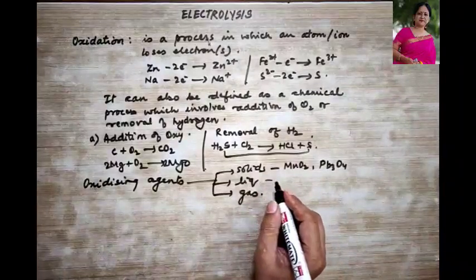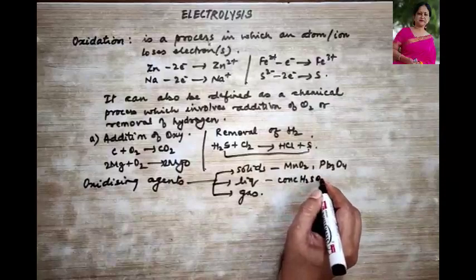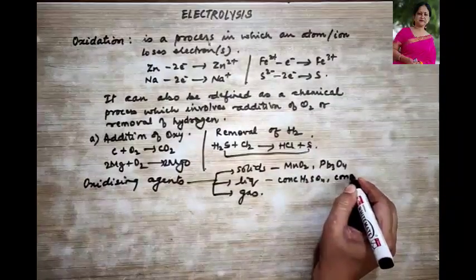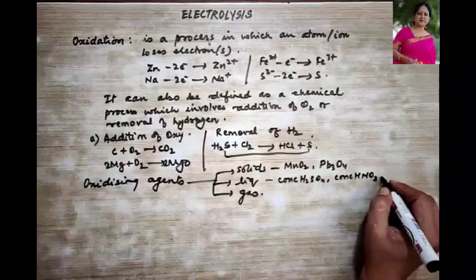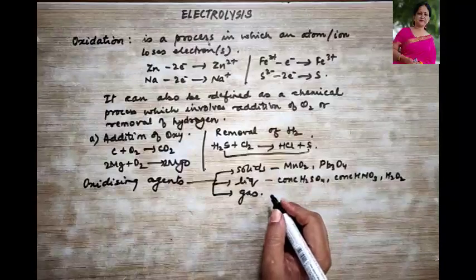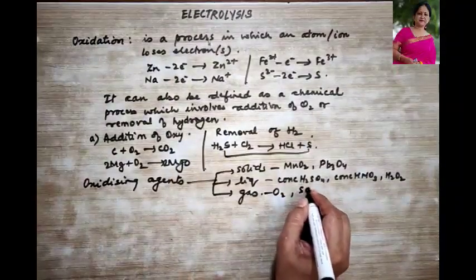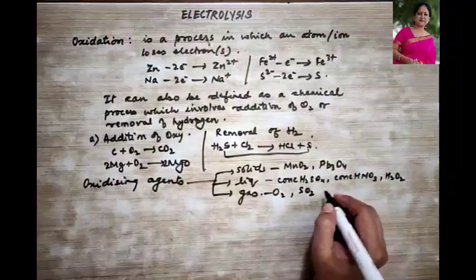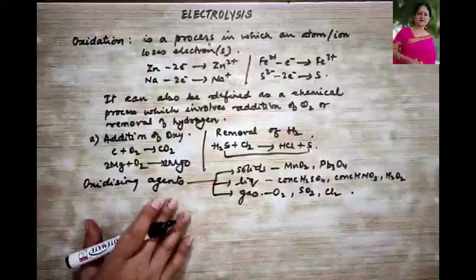For liquids, concentrated H2SO4, concentrated HNO3, or H2O2, hydrogen peroxide. In the gaseous form, we have oxygen, sulfur dioxide and chlorine. So these are some examples of oxidizing agents.